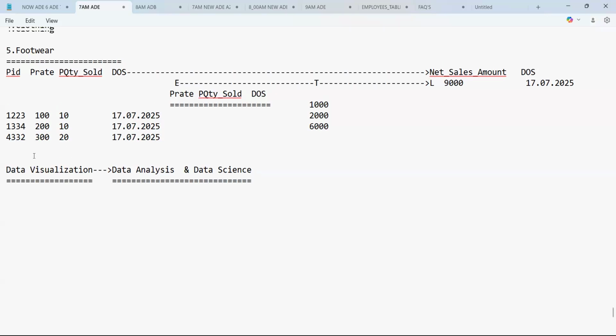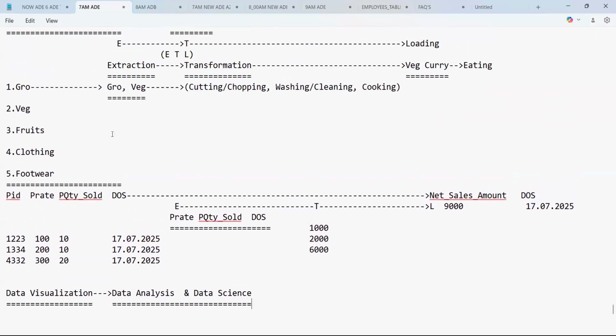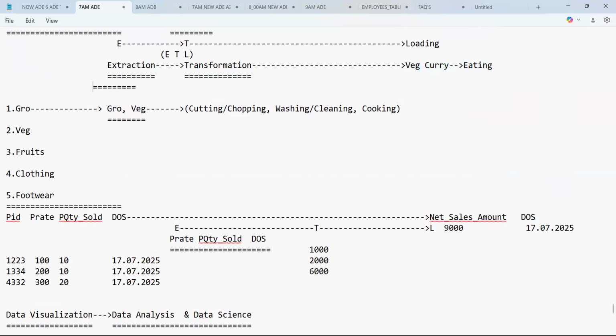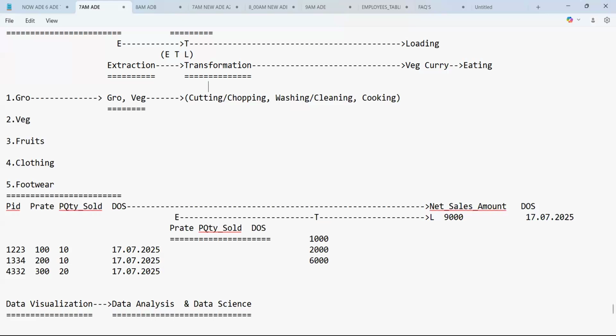Data analysis is nothing but, let us say you have called some of your friends for dinner, and you have prepared vegetable curry. You have prepared two vegetable curries, vegetable curry 1 and vegetable curry 2.